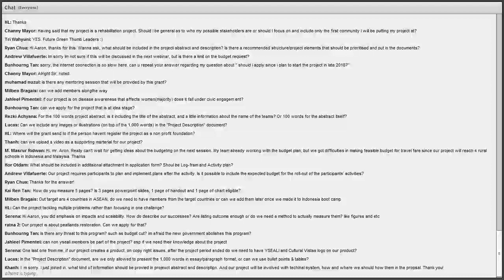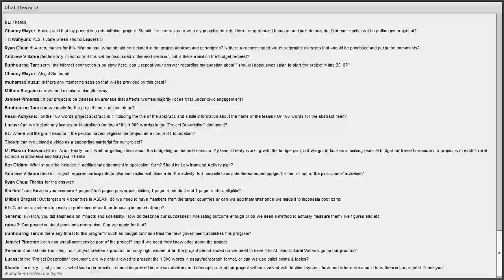Serena asks, I emphasized impacts and scalability. How do we describe our successes? Are listing outcomes enough, or do we need a method for actually measuring them, like figures, etc.? You should have goals. Listing outcomes is great, but show what your reach goals are, how you plan to get there, and what this will do.